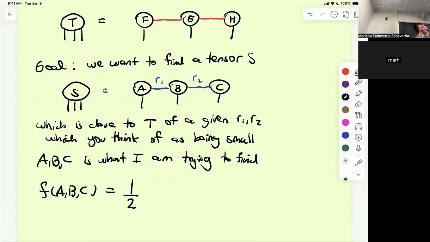Again, the 1/2 is just for convenience because there are a bunch of squares everywhere.